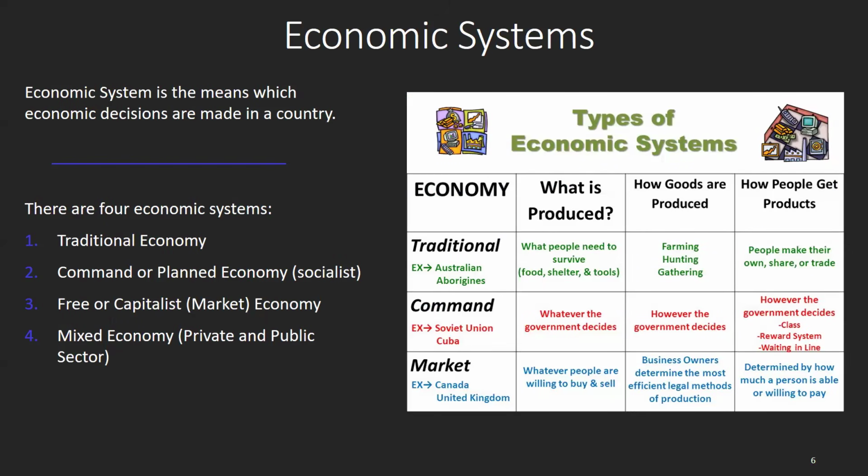You have 4 economic systems that you'll need to know. Again, if you did POB, this will be revision for you. It's supposed to be revision either way, but you would have done this in POB as well. The first one is the traditional economic system. This is the one that was used before money existed.